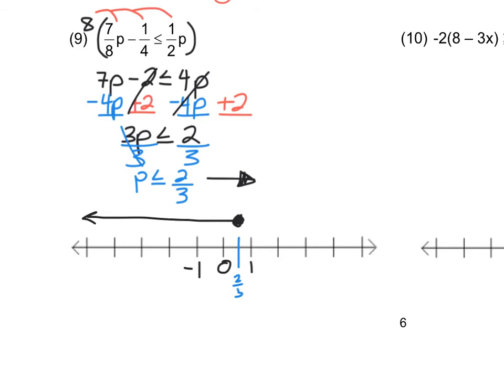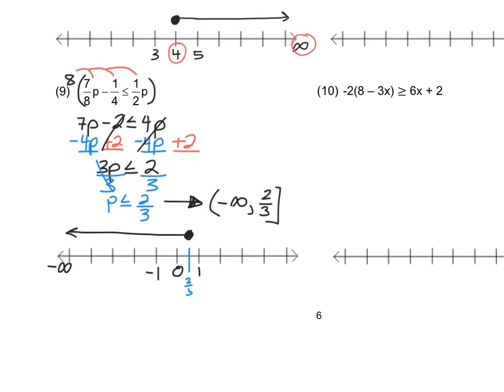All right, so now that I have this information, I'll put in a negative infinity over here. Interval notation would be what? Where am I starting? Negative infinity with parentheses. Where am I stopping? 2/3 with a bracket. Always reading your number line from left to right.